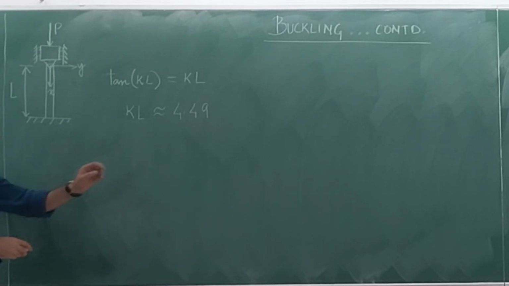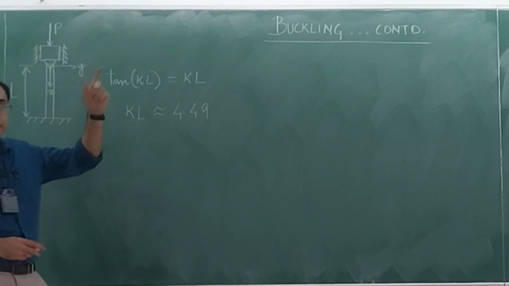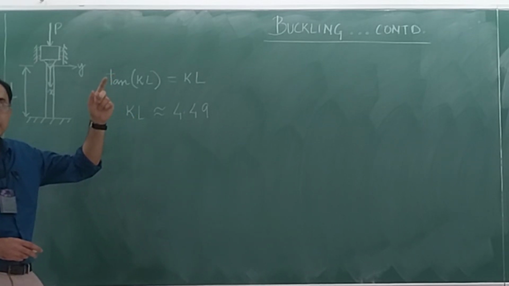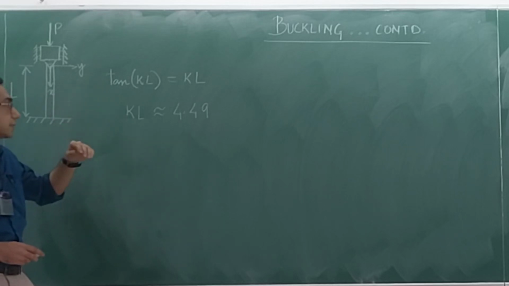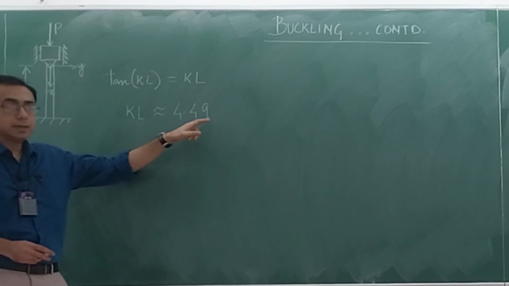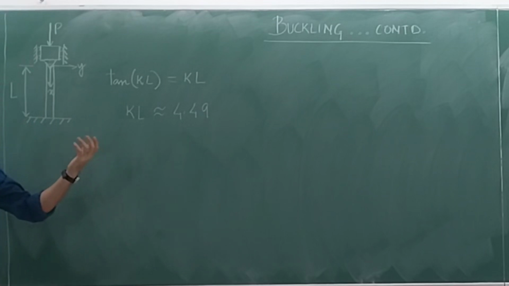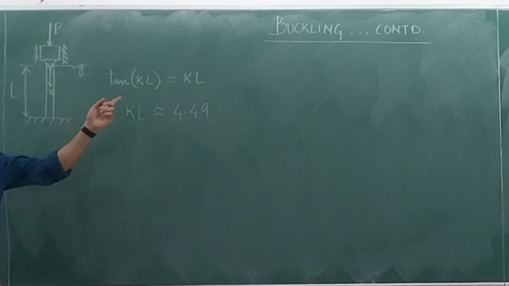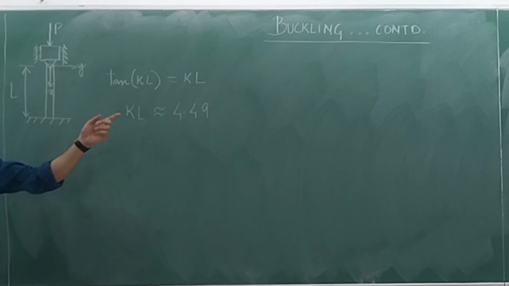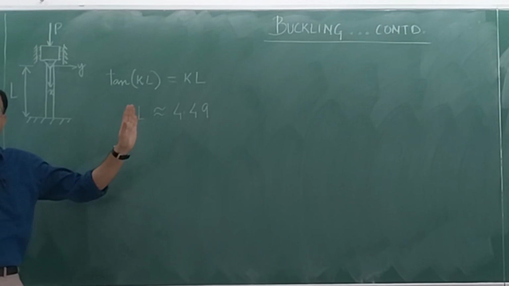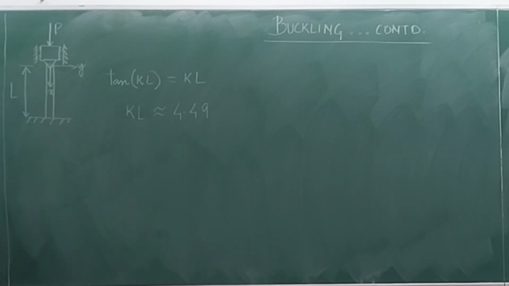Of course, please note that there it was n pi, and consistent with our expectation, 4.49 is the first value which would satisfy this. It does not mean that you will not have other values also. You will have higher values also. But this is the smallest value for which this is satisfied. Well, the smallest value is KL equal to 0, but that's a trivial case.